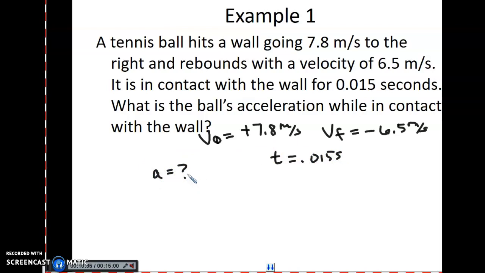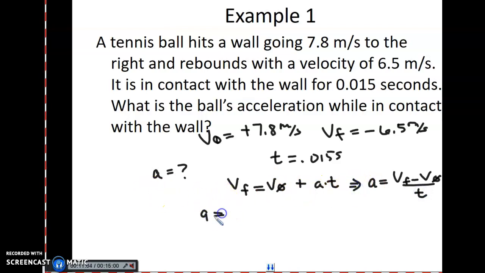Now if you look at your kinematics, you just basically look and see which one is going to work for you. Now you don't have a displacement, and so any of those with x in them really isn't going to be the one you want. What you're going to probably want is the second one here, which is really what we looked at for acceleration. We said acceleration was final minus initial over time, so it's just a variation of that equation.